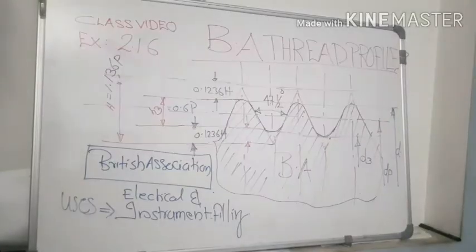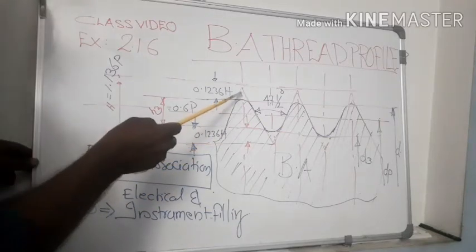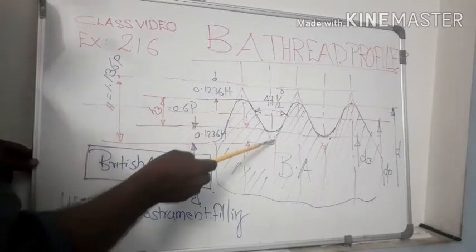Dear students, in this class we have another topic, that is the BA thread profile. This profile is similar to the BSW thread profile because both have a V-shaped form. See, in this figure, this is the V-shaped form.